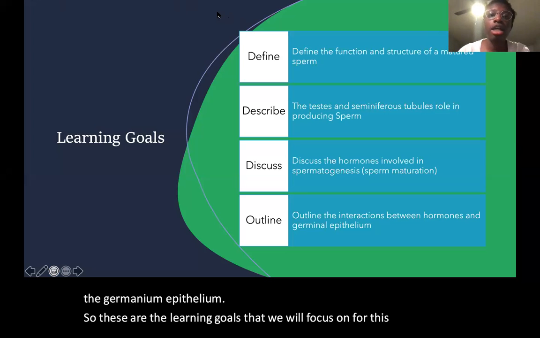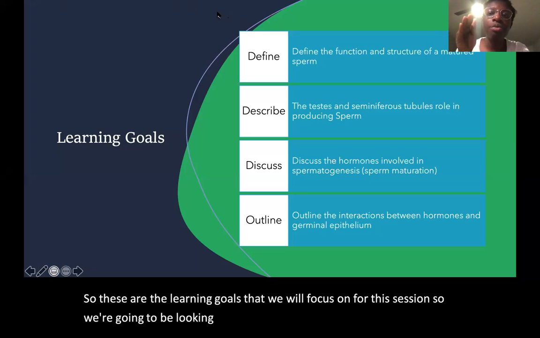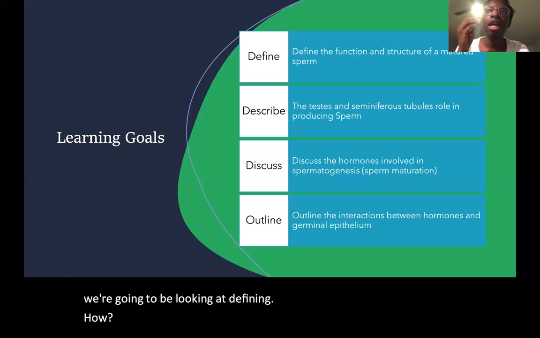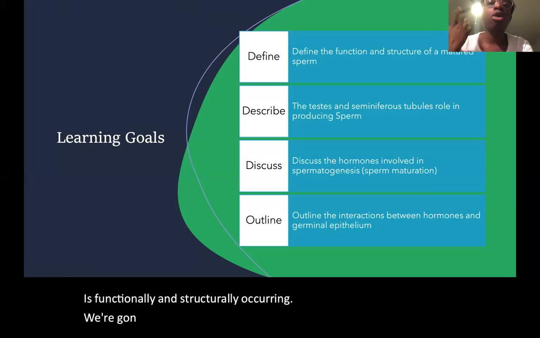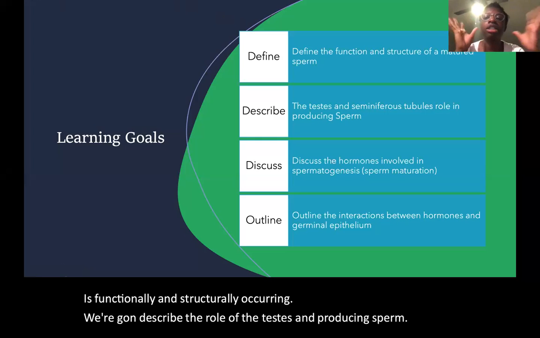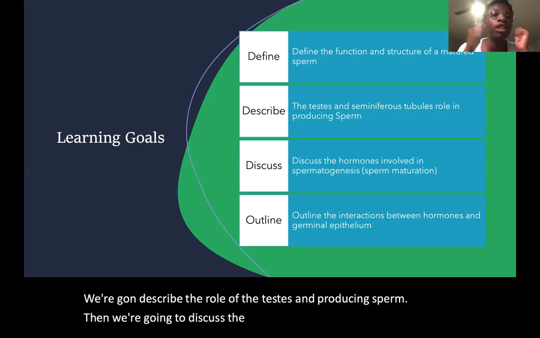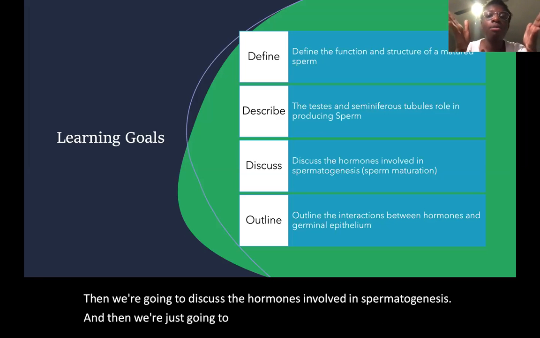We're going to be looking at defining how matured sperm is functionally and structurally occurring. We're going to describe the role of the testes in producing sperm. Then we're going to discuss the hormones involved in spermatogenesis. And then we're just going to outline the interaction between hormones and the germinal epithelium.